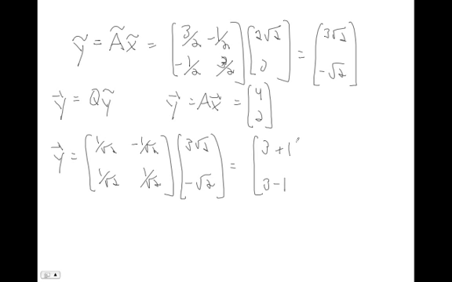And then I get 4, 2. So I got the same y that I was expecting. So this actually works. So that's an example. I'm just crunching through the numbers, but this sort of procedure will just generally work.